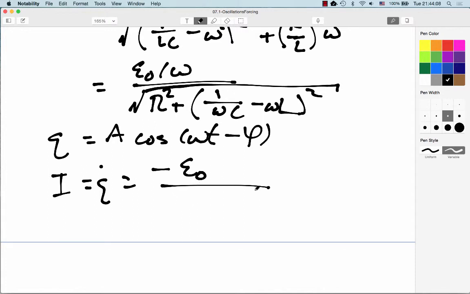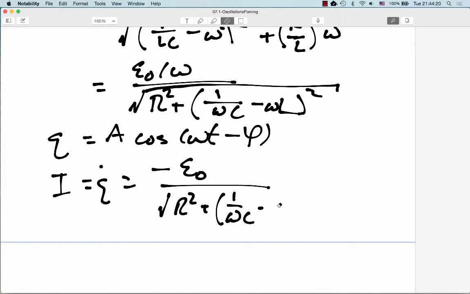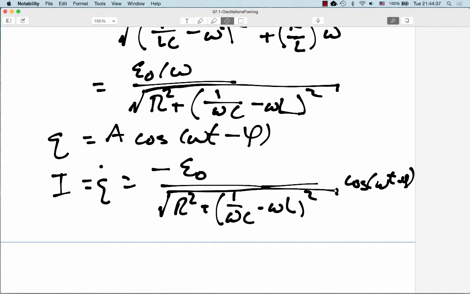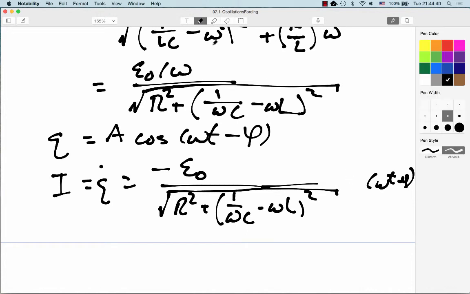So minus E naught over root R squared plus 1 over omega C minus omega L squared, times sine omega t minus phi.